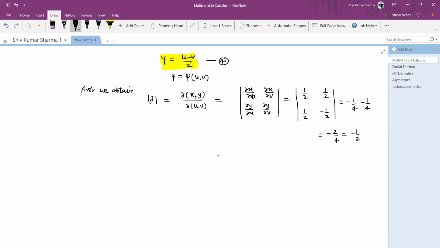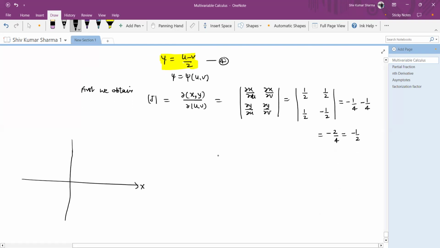First we draw the xy plane. So this is our x-axis. Here is the origin. This is our y-axis. And here we consider x dash and y dash, the negative directions.